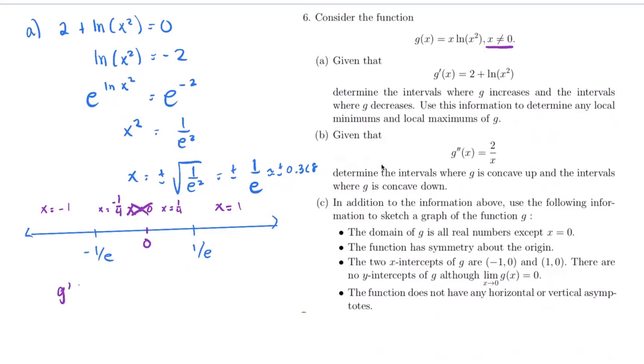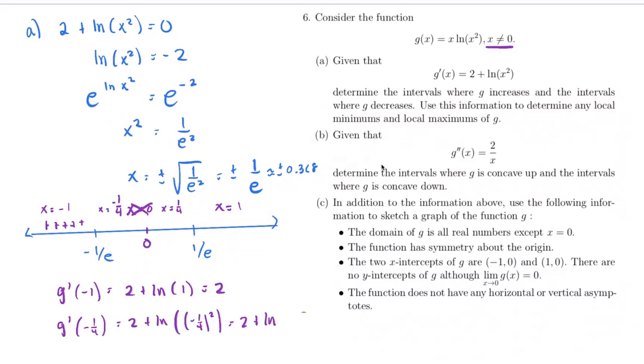So g prime of -1 is equal to 2 plus the natural log of -1 squared, which is just 1. The natural log of 1 is 0, so this is just 2. This is positive. G prime of -1/4 is 2 plus natural log of -1/4 squared, but that's just 2 plus natural log of 1/16, which is very, very negative.